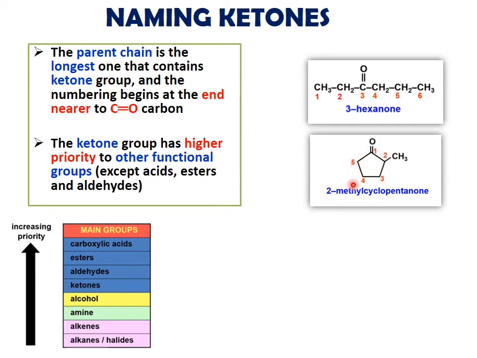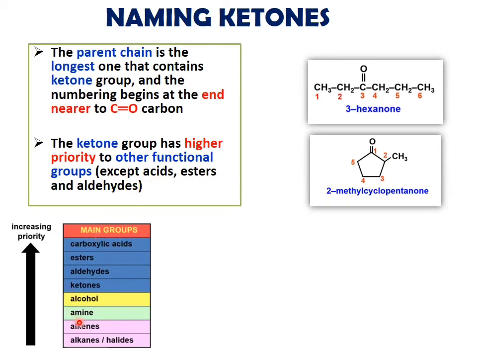There is no extra carbon like aldehyde. So that's why the name will be cyclopentanone. See? Okay, for aldehyde just now we needed to add a new suffix which is carbaldehyde, but for ketone no need.